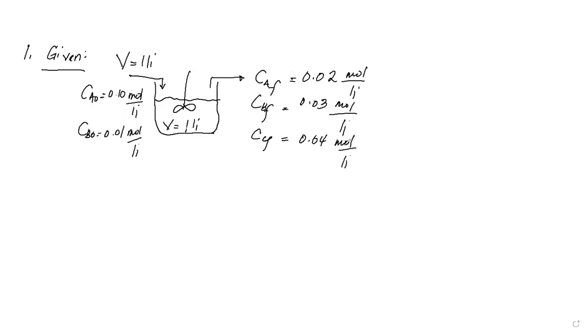Okay. By the way, in the first statement, it says 1 liter per minute. So I'd like to erase this one. It's not volume because it's a volumetric flow rate. So you have here V sub O is 1 liter per minute. Okay.